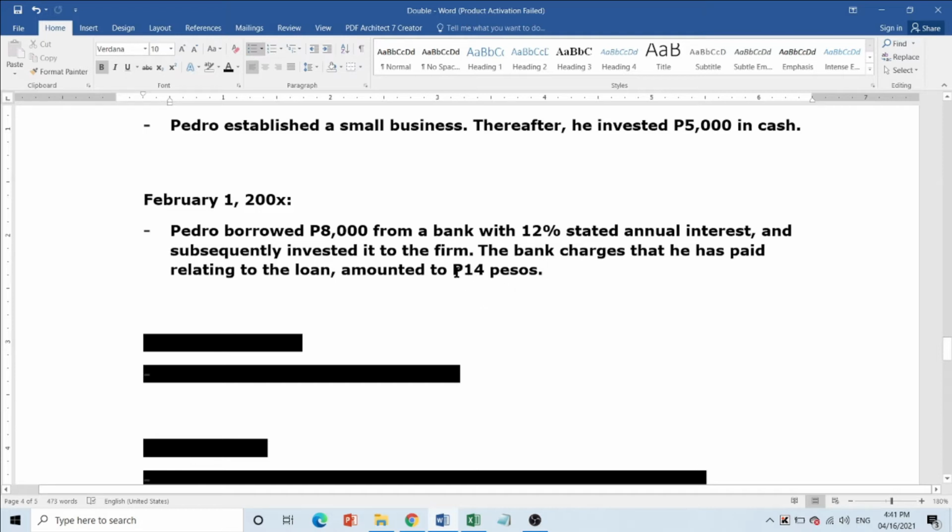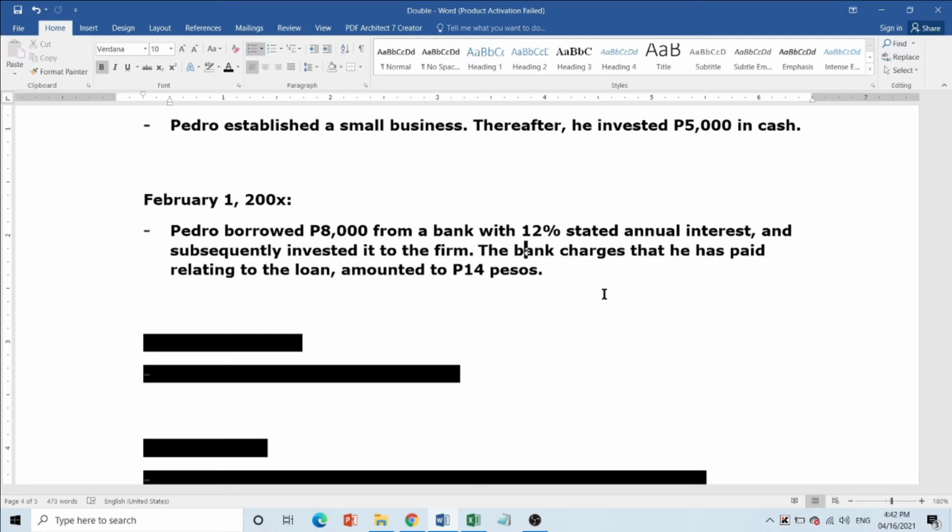So, ano po ang 14 pesos na ito o yung bank charges? Bank charges is an expense, bank service fee na charge ni bank sa mga borrowers, sa loan borrowers. So, paano natin siya i-analyze? Bank charges is an expense account. And, na-mention ko kanina na ang expense account ay mayroong debit normal balance.